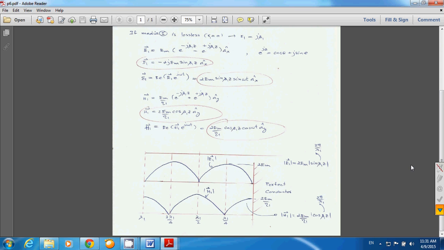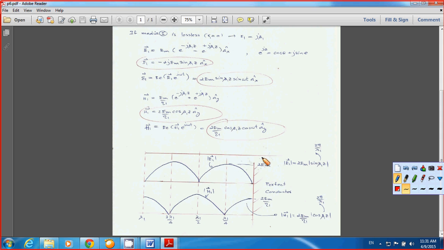So I end up with a diagram for E1 and H1 like this. This one is the perfect conductor. You have electromagnetic wave propagation from air to a perfect conductor. Then you have E1 equal to 2EM sine beta 1 z, and you plot it.